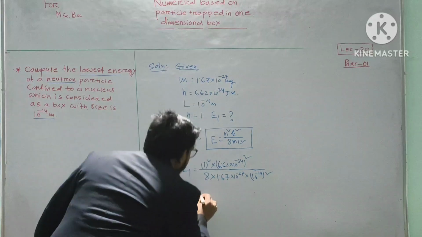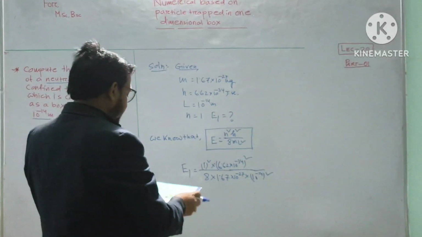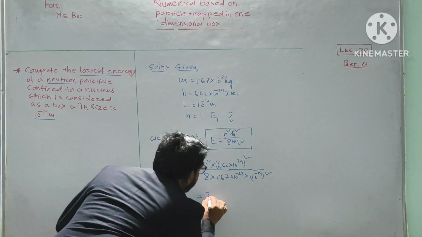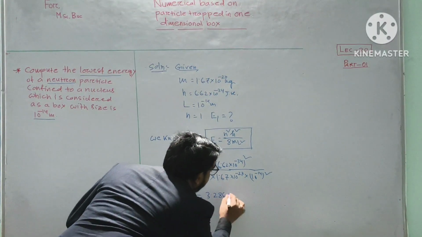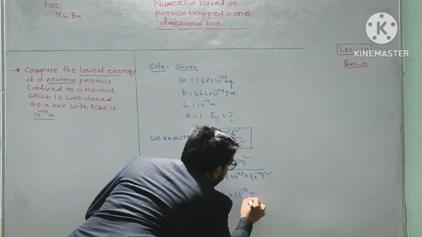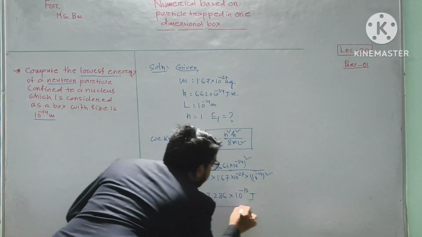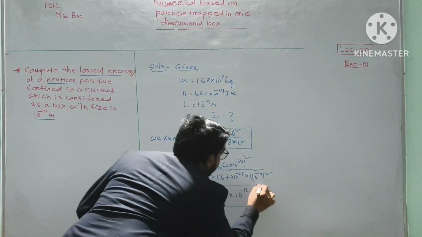After solving this part, we get the result 3.286 into 10 to the power minus 13 joule. So this is our required energy.